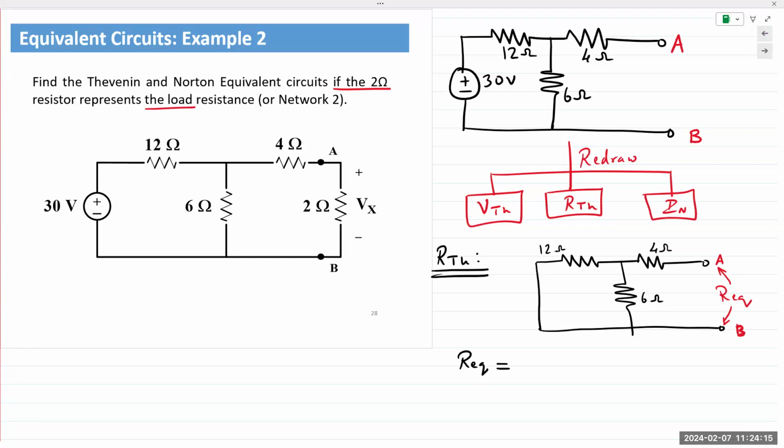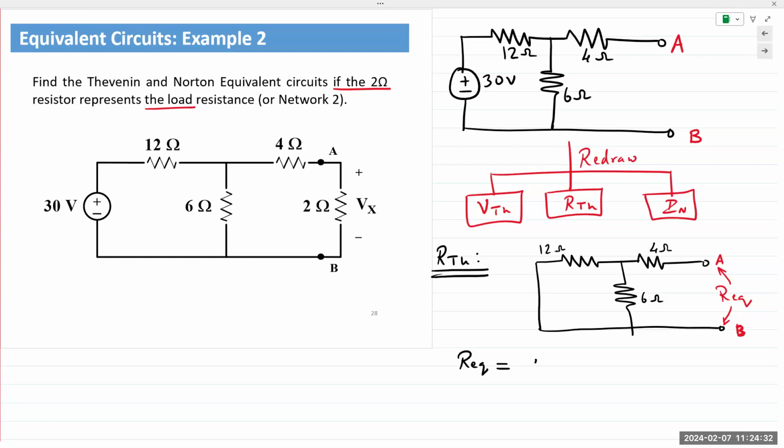And then what do we see? Starting at the farthest end, I have the 12 ohm resistor in parallel with the 6, which is then in series with the 4 ohm resistor. 12 in parallel with 6, in series with the 4.